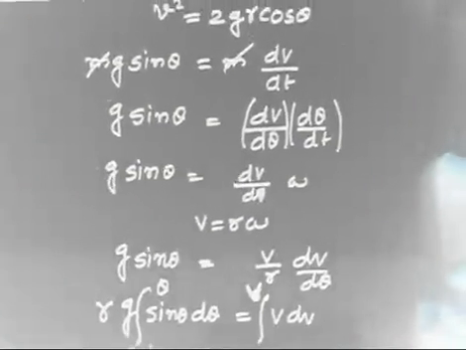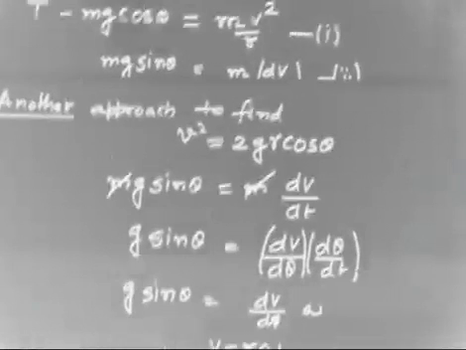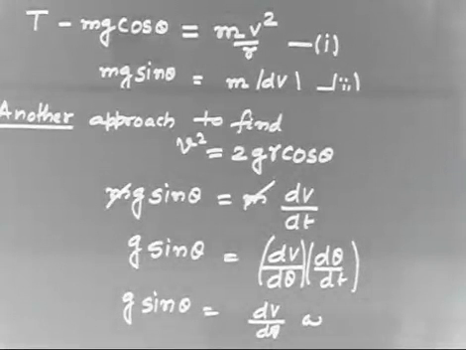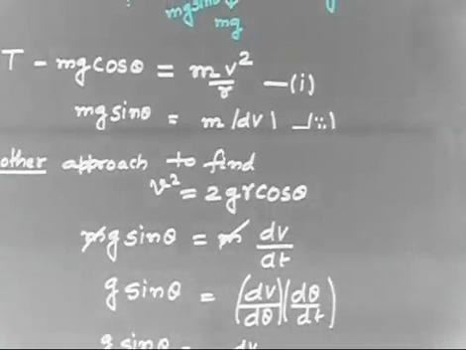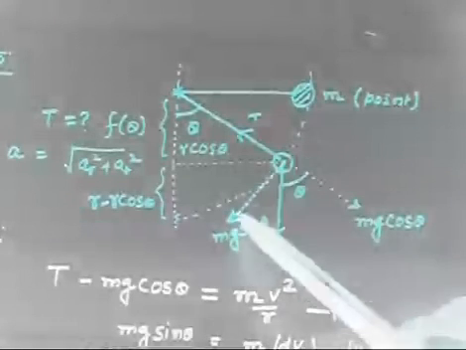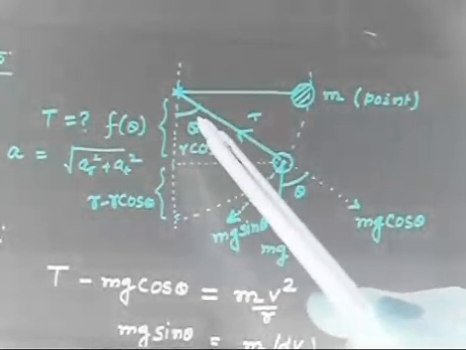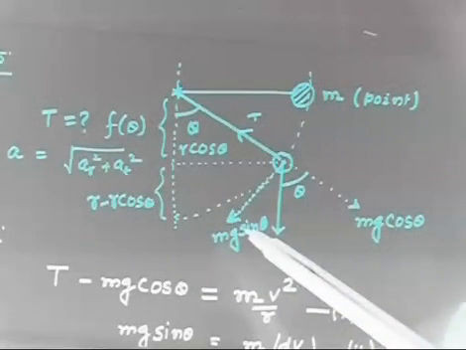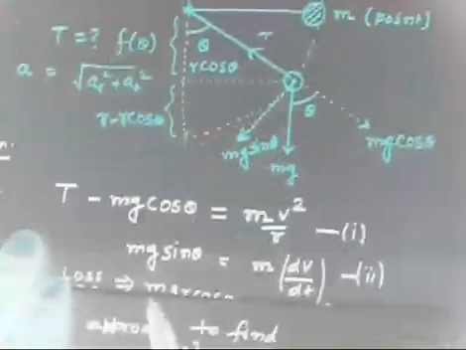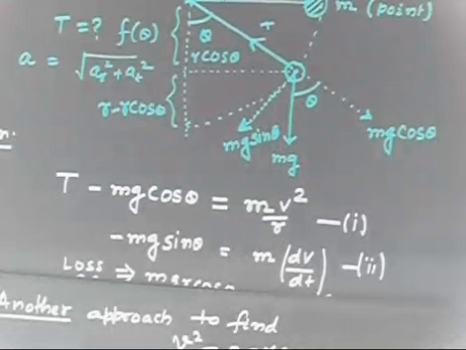Basically, you see the problem we have is here. This force mg sin theta is reducing theta, it is not increasing theta. This force is reducing theta, and that's why, if I am writing force is equal to mass into acceleration, I have to put a minus sign here. Are you getting or not?